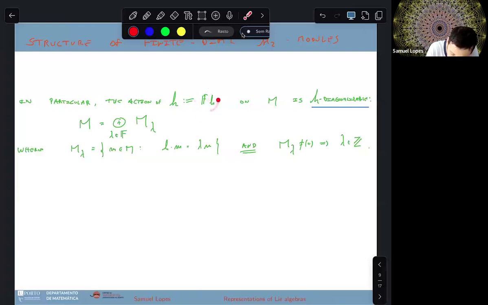This element small h, this diagonal matrix with 1 and -1 on the diagonal, generates a one-dimensional space, which is a Lie subalgebra, which we call capital H. With my handwriting, it's not easy to distinguish small h from this calligraphic or Gothic H, but they're different.